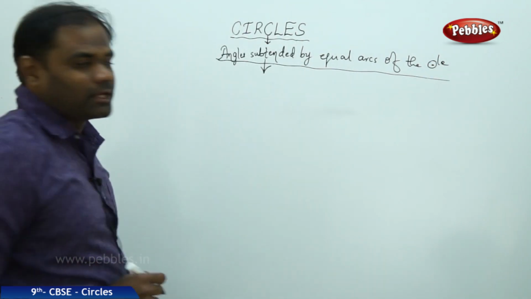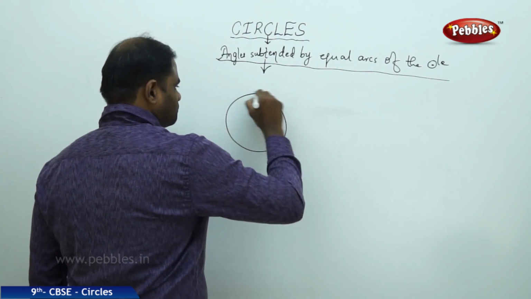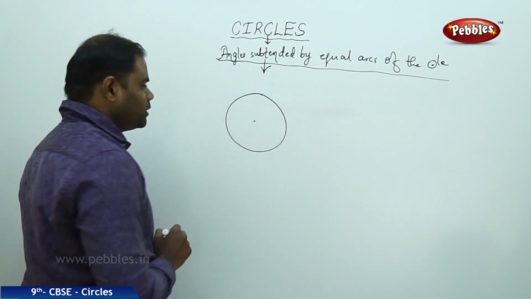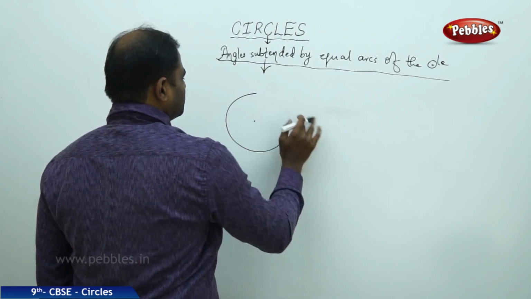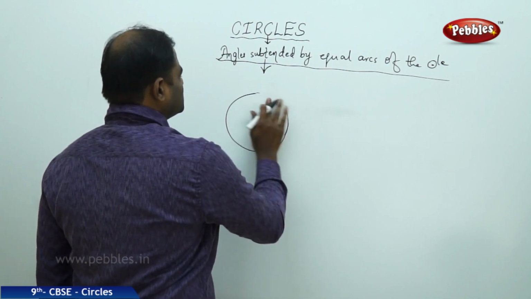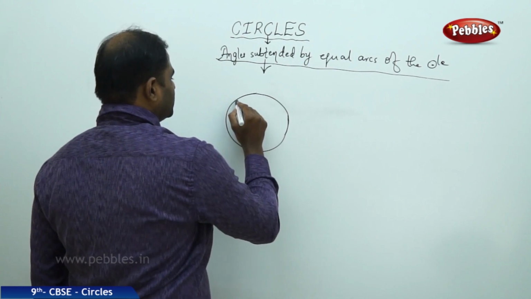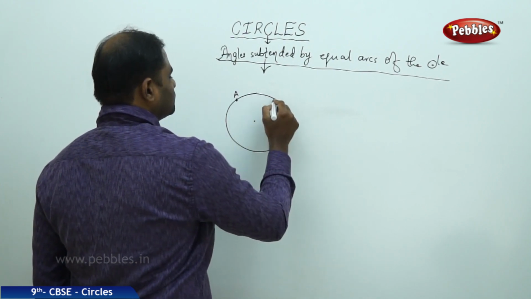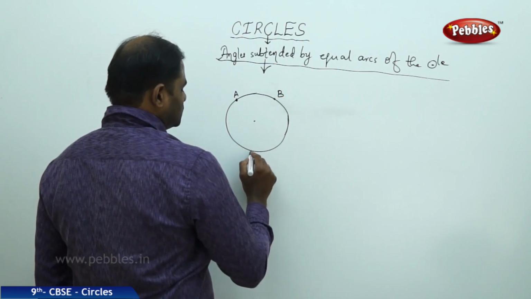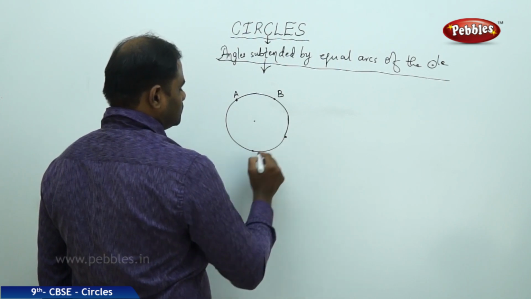So here let's take a circle. Say I have two arcs which are equal in length. Say, for example, I have a circle where I have the arc AB and the arc CD.